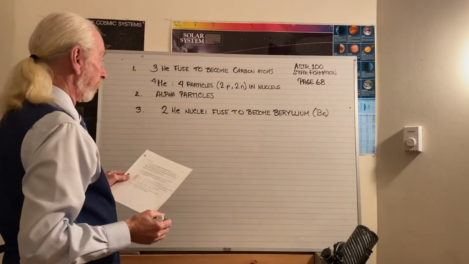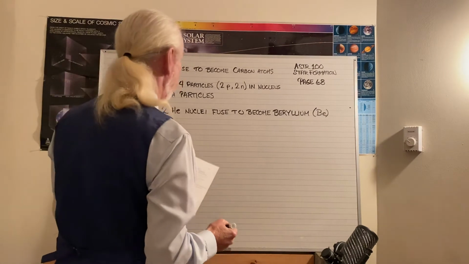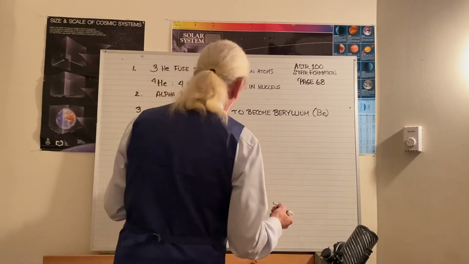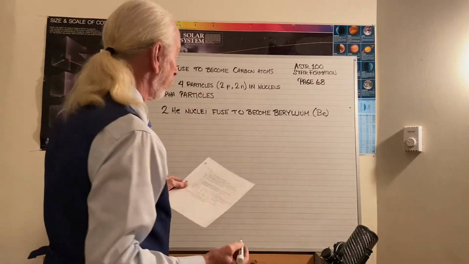Okay, beryllium has an atomic number of 4, which is to say 4 protons in the nucleus.